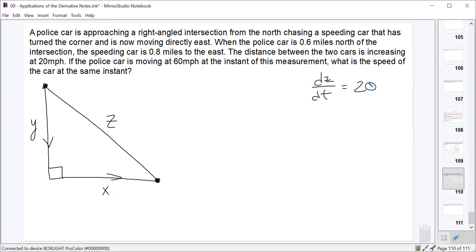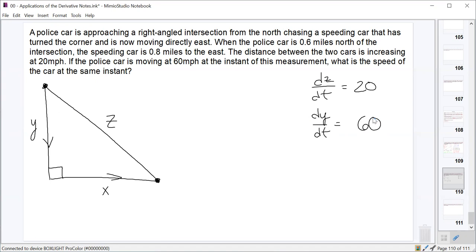It also tells us that the police car is moving. That was the one that's going to the south over here, right, coming down this direction. It says that that is moving at 60 miles an hour. So we might be inclined to say that dy/dt is equal to 60, but that's actually not correct. We have to think about how y is changing.